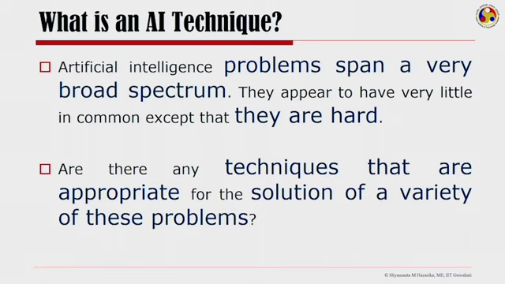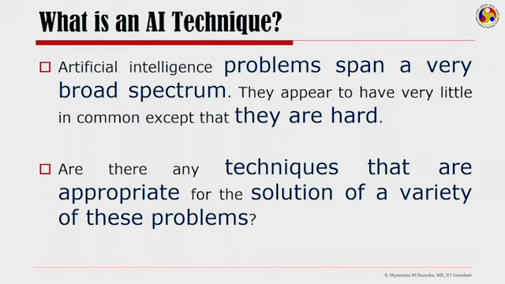Artificial intelligence, as you can remember from the first lecture of module 1, involves problems that span a very broad spectrum. They are problems like natural language processing, navigation for a robot in a cluttered environment, autonomous driving or automated reasoning.